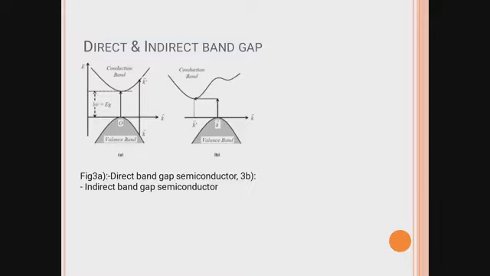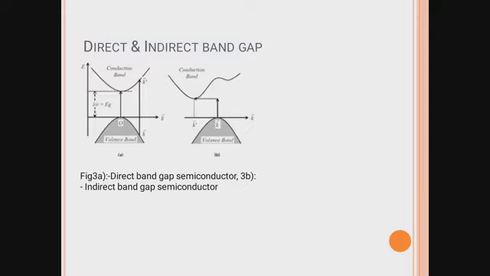So in case of indirect band gap, if the k vector or propagation wave vector differs between the conduction band minima and the valence band maxima, it is called an indirect band gap semiconductor.